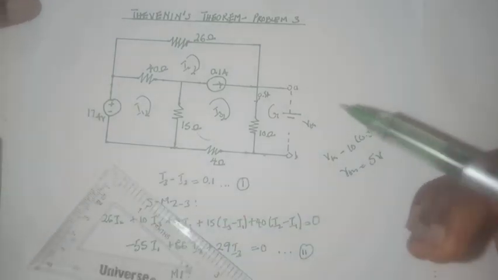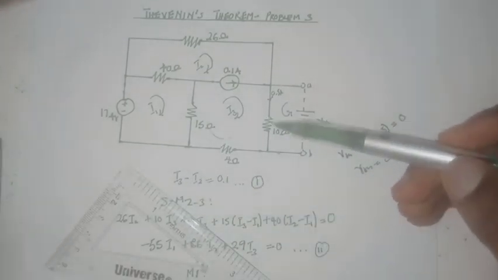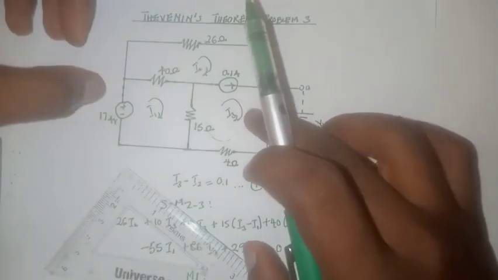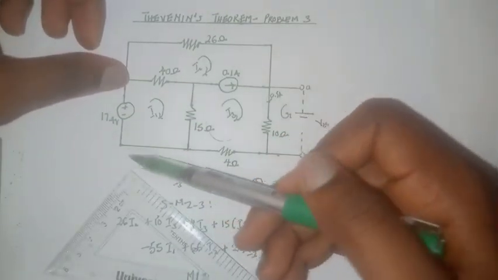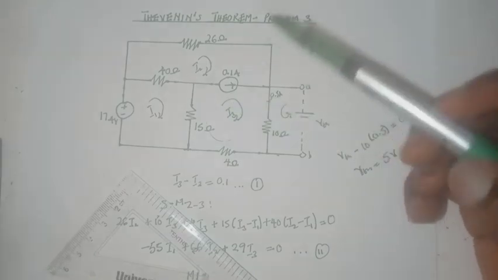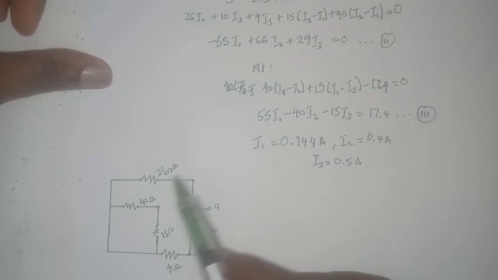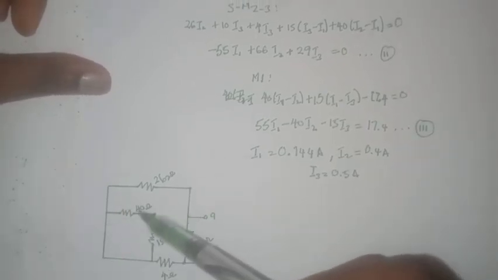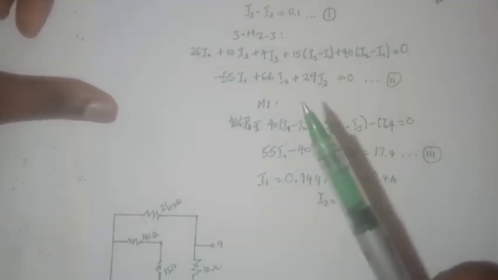The next thing to do will be to find the value of RTH, which is the resistance of the circuit through these terminals when we turn off this voltage source and this current source. Turning off this voltage source will leave a short circuit, and turning off this current source will leave an open circuit. So we will end up with something like this: the voltage source shorted out and the current source cut off.